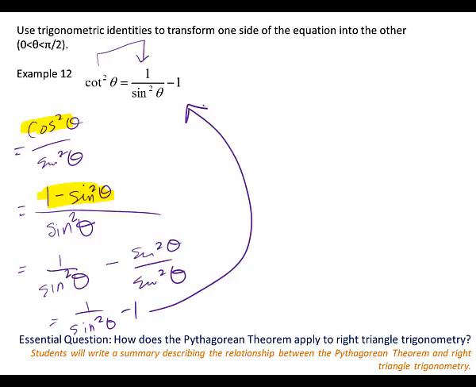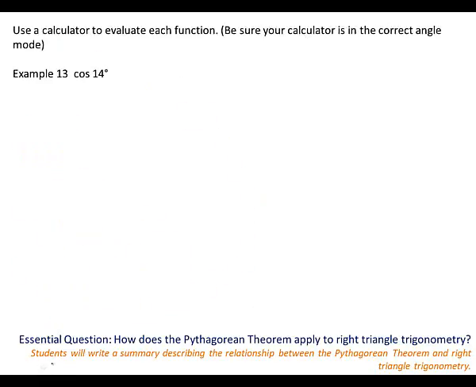All right. The next one we get to use our calculator. Yay. We're supposed to evaluate the function. I'm going to let you try this, because I don't have my calculator up and running yet. Which mode should your calculator be in? Look at what it says. It says 14 degrees. So which mode? Degrees. Everybody, do you remember how to put your calculator in degree mode?